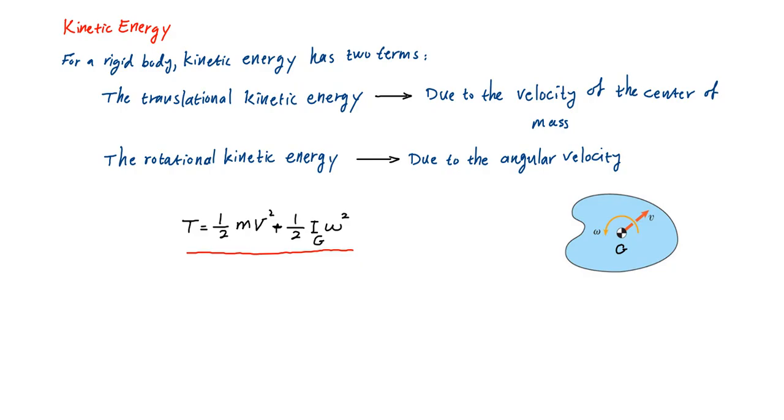Now, if we just have a rotation about a fixed axis, you can guess, we can get rid of the first term, because the center of gravity, or whatever point on the rigid body we look at, is not moving. There is just a rotation about a fixed axis.